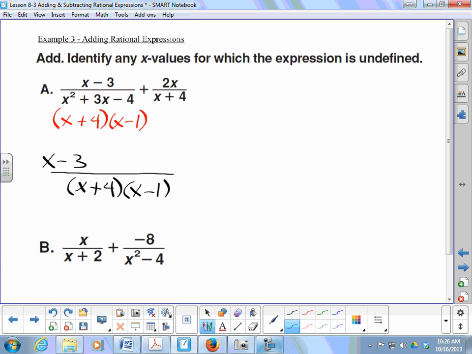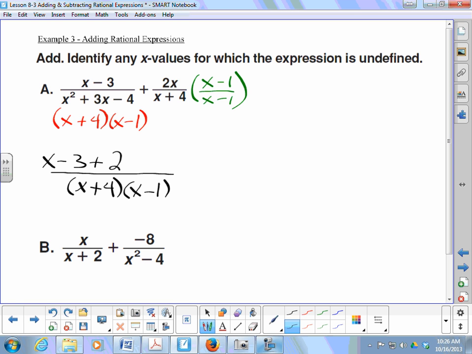What do I need to do with that x minus 1? Okay, I have to multiply it by, okay, both the numerator and the denominator. So I'm going to multiply this by x minus 1 in the numerator and the denominator. And then I'm going to write that product in the numerator down here with my common denominator.